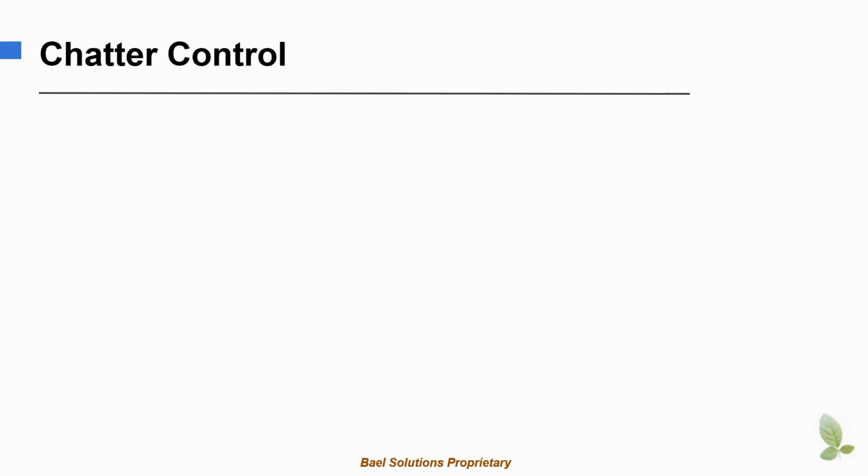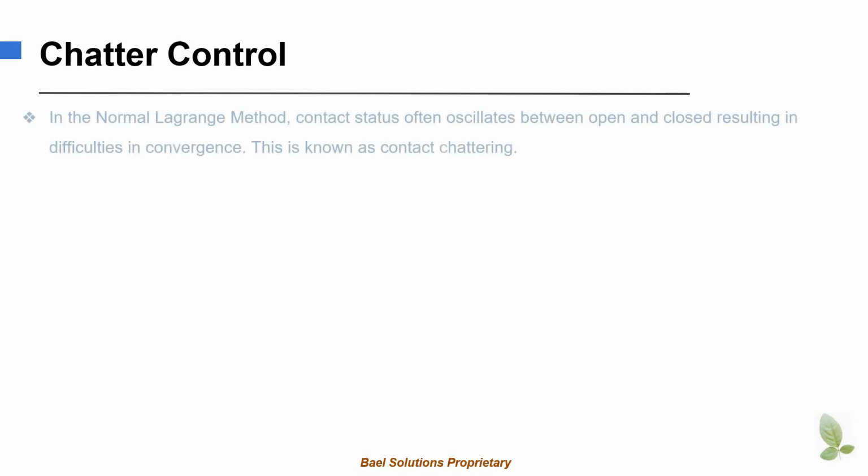In the last couple of slides, we learned about the normal stiffness factor. The normal stiffness factor is only relevant to the penalty or augmented Lagrange method. In the normal Lagrange method, zero penetration condition is enforced. Numerically, it is impossible to achieve a penetration value of 0.